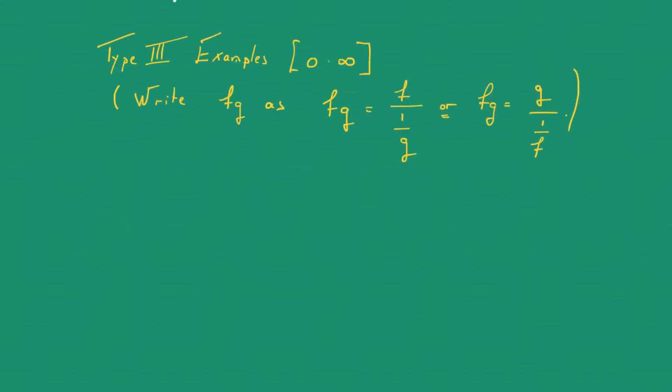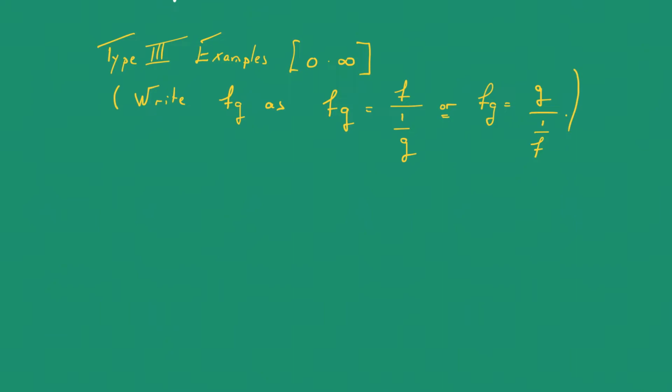So in our last class, we did examples where we used L'Hopital's rule to evaluate limits of type 0 over 0 and type infinity over infinity. We also did some examples where we evaluated indeterminate forms that looked like infinity minus infinity.